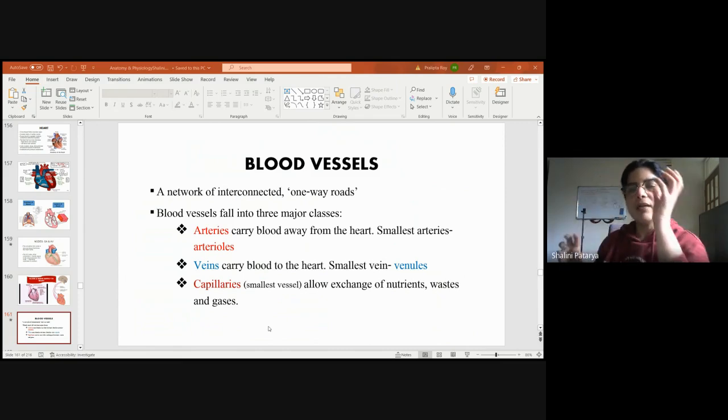I told you, your different parts of the body require different portions of blood during different activities. Let's suppose I have eaten food just now. My digestive system requires more oxygen or more blood supply because it has to work more in my stomach area, so the blood has to go there more. And when I am running or doing cardio exercises, my leg muscles require more blood supply.